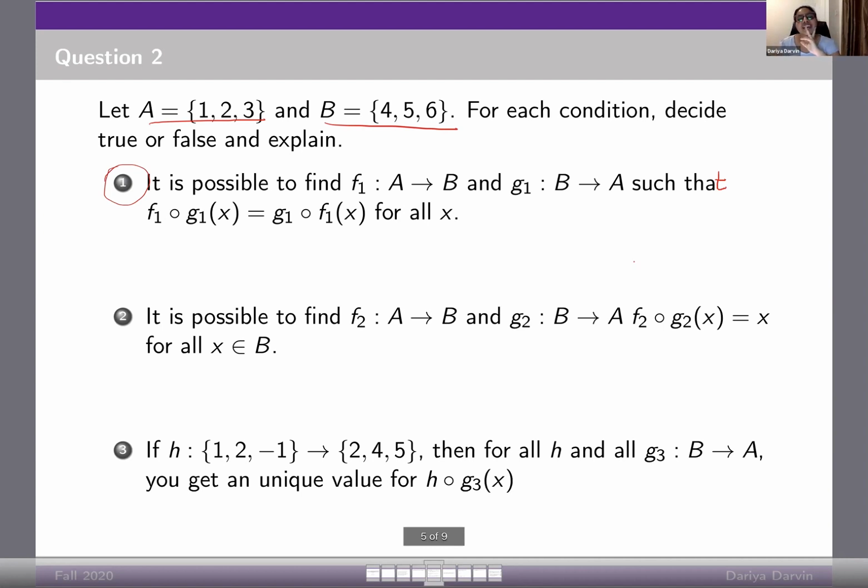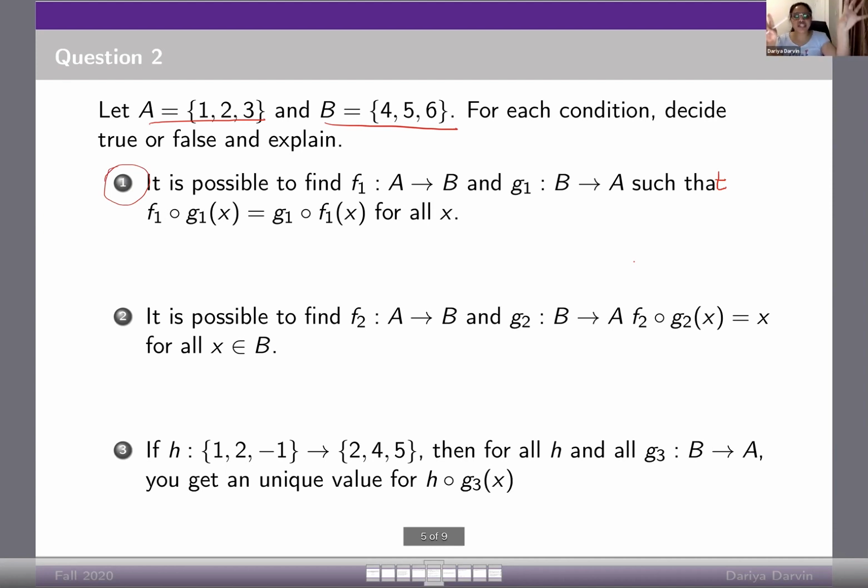Can you find a function f going from A to B and a function g going from B to A such that f of g equals g of f for every input? Basically, no matter which input I give, for the same input I should get the same output for both f of g and g of f.